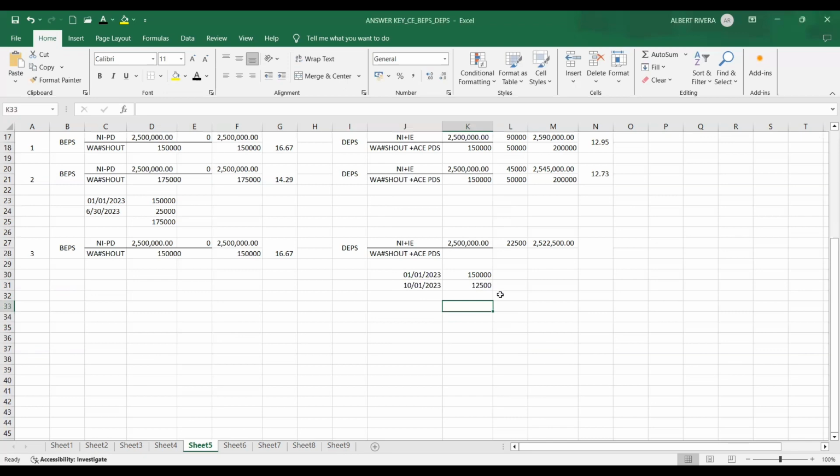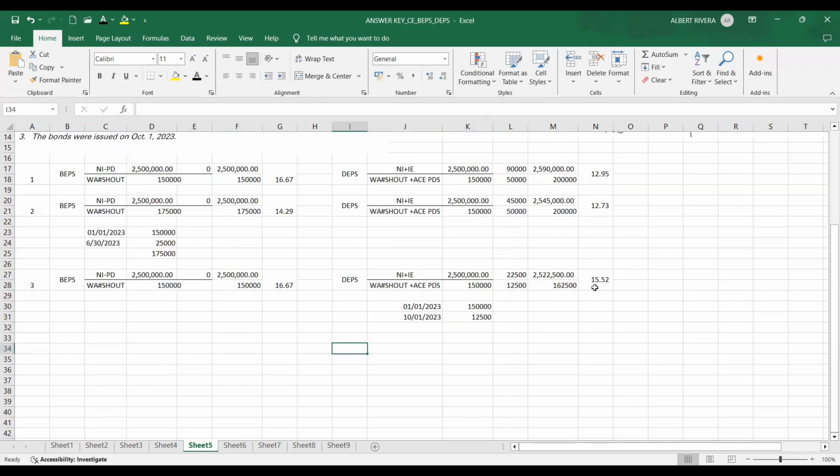So that is 12,500. So this would now be your denominator. A total of 162,500. And this would now be your diluted earnings per share. Diluted in the sense that this is an amount that is lower than the basic earnings per share.